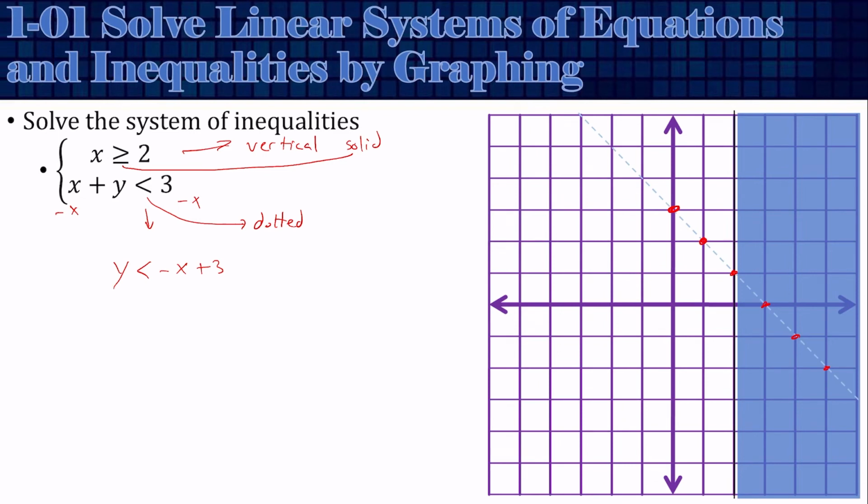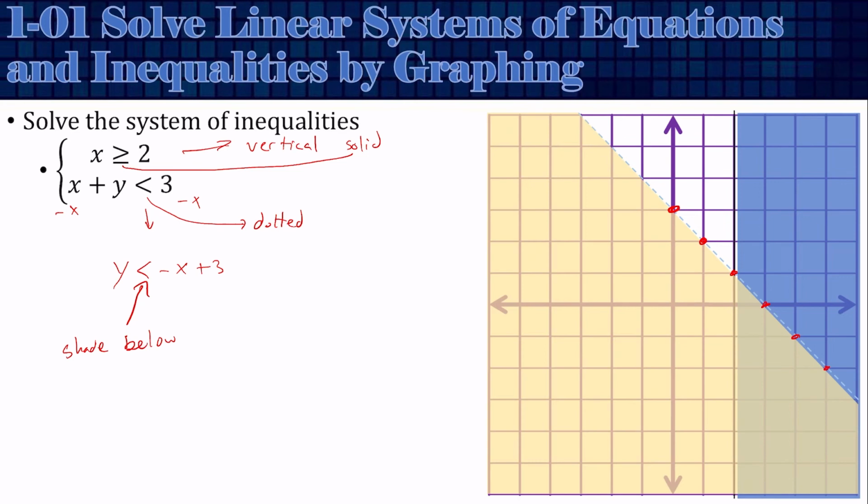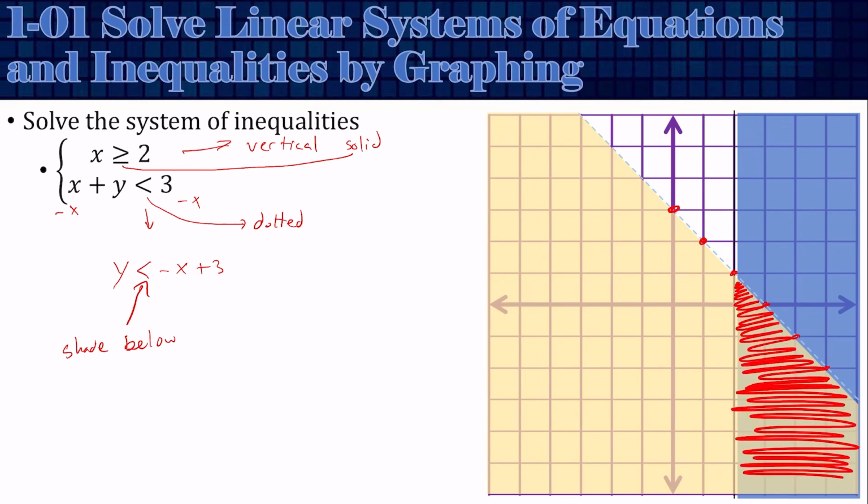And then it's y is less than, so we're going to shade below. Remember, if you solve for y, then less than would be below, greater than would be above, so it's below. So our solution is where they overlap. So the solution is all of these points there, only where the two graphs overlap.